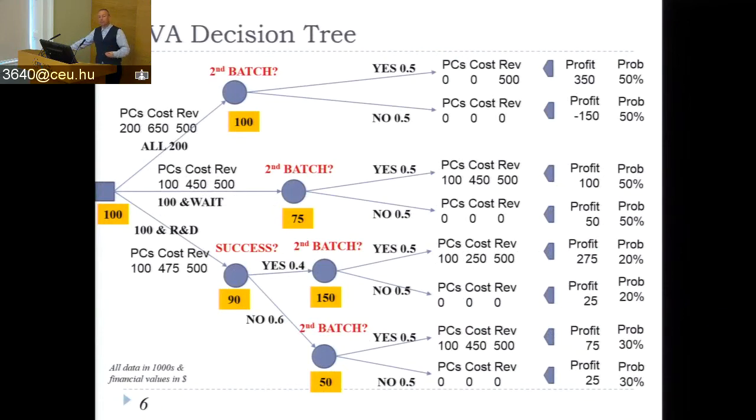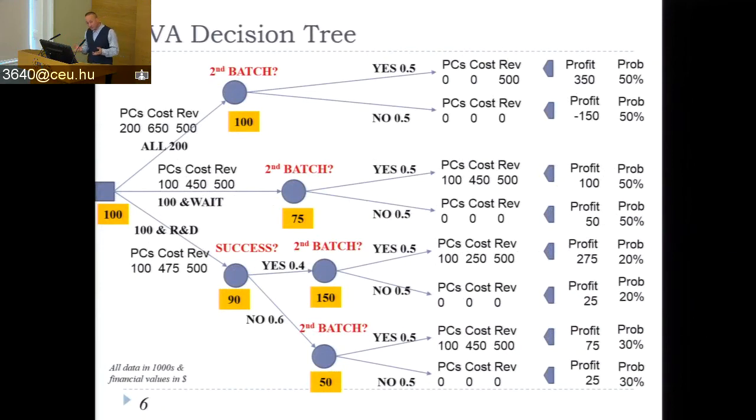It does not mean that this is how much you should pay for it, but this is how you would value that this additional piece of information changes your situation in the long run, on average, by 100,000. It increases your profit on average by 100,000.